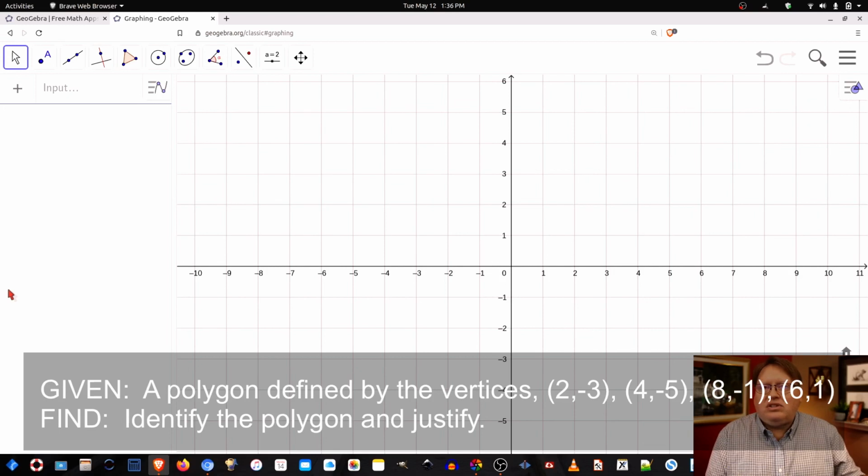Plot those vertices and then do the analysis. Check the side measures, check the angle measures at each vertex, and also check the slopes of the sides. And then make your identification as to what this polygon is. What shape is it? So pause the video now, and I look forward to seeing your work.